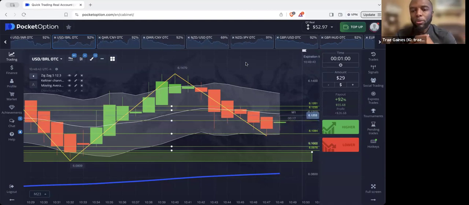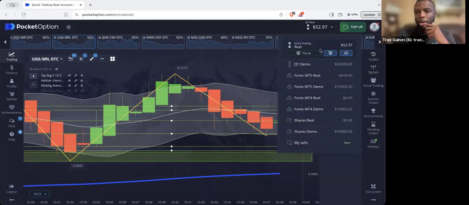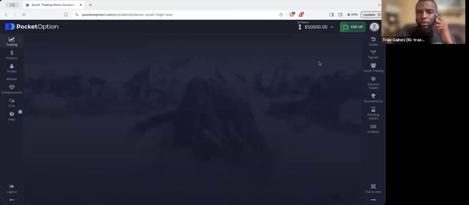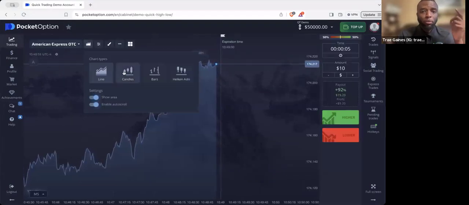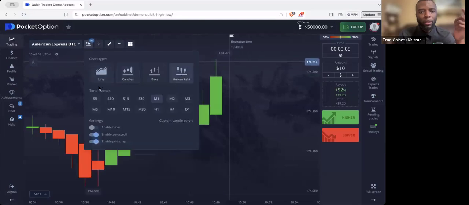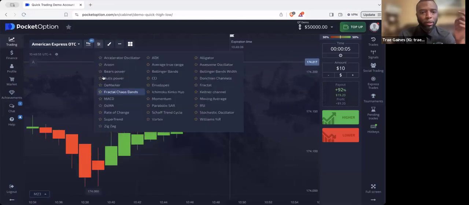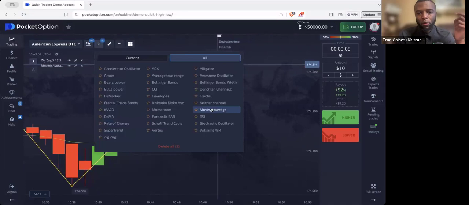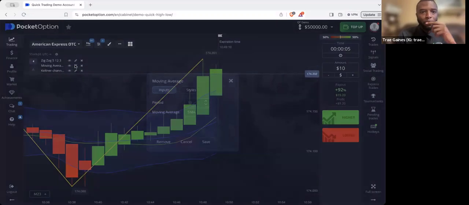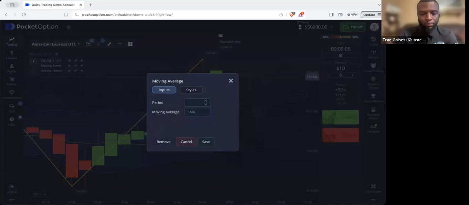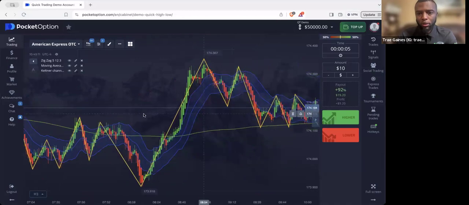I tell people, starting your demo, you got your demo money right here. You got $50,000 to trade with right here in your demo. You will probably have to set it up again, like putting your EMA, your ZigZag, your moving average, your Keltner channel on it, and making sure your moving average is 200.